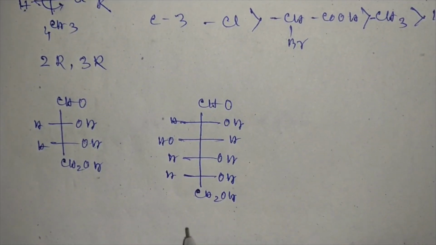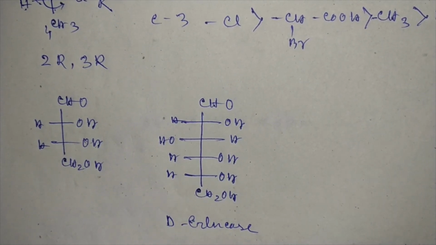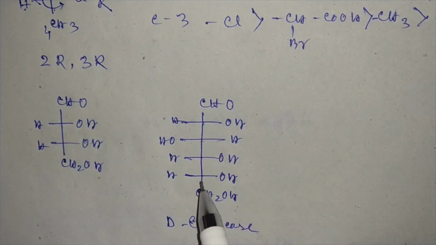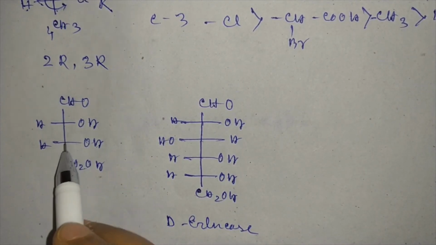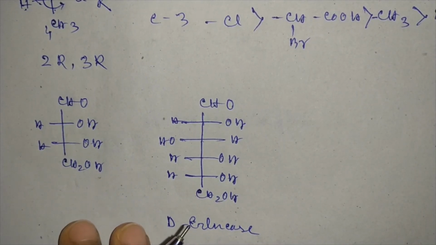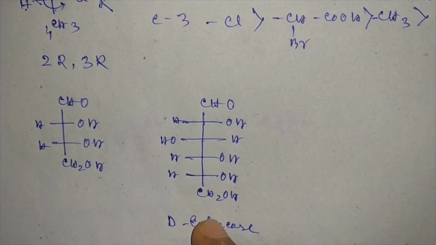This is glucose, D-glucose. So here there are 4 stereogenic centers. Here there are 2 centers. So you can try this molecule to determine the configuration of R and S for each stereogenic center.